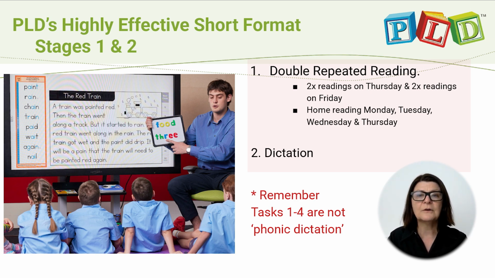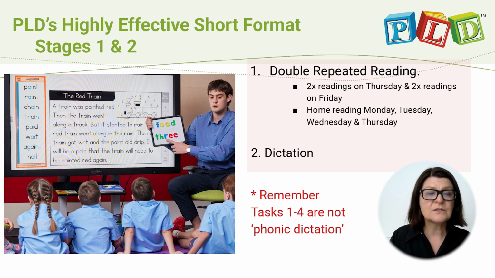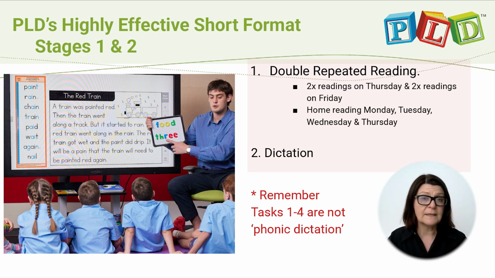A, t, r, a, n, train was p, a, n, t, painted red. Then the t, r, a, n, train went along a track, but it started to r, a, n, rain. So the first reading with decoding, the second reading straight into fluent reading. So 2 readings, then pencils down and listening, and we're going to engage in phonic dictation.